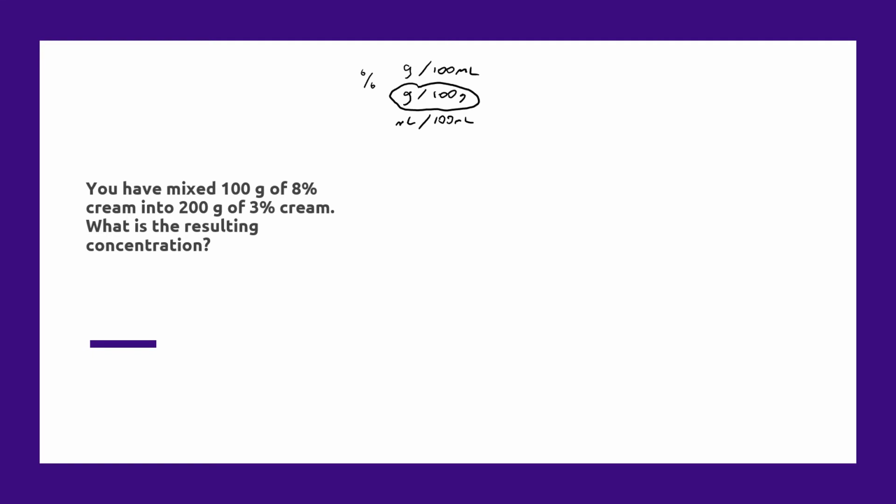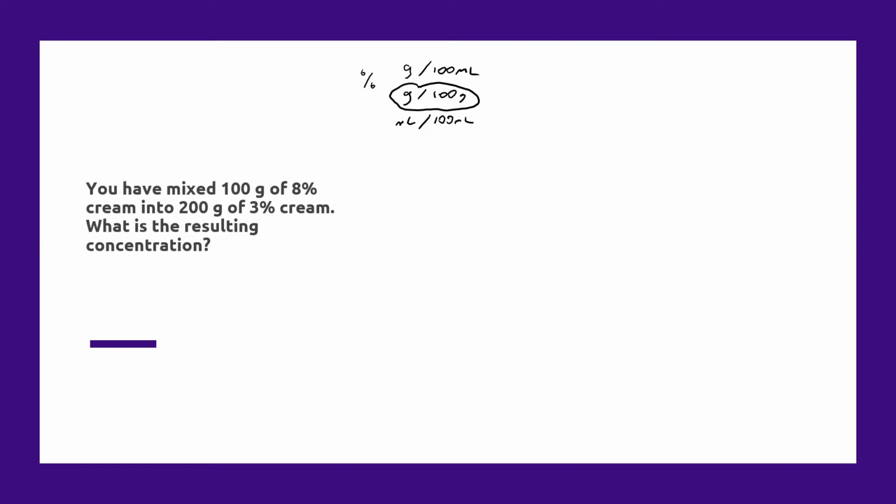So an 8% cream has 8 grams of active ingredient per 100 grams of cream, and then a 3% cream is going to have 3 grams of active ingredient per 100 grams of cream. So I would start by trying to figure out what total weight of active ingredient we have in the final preparation.